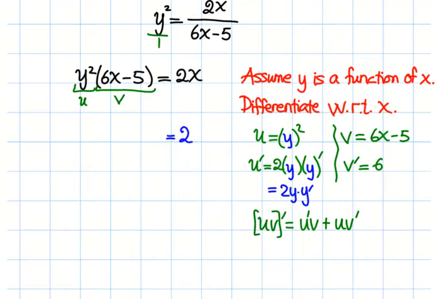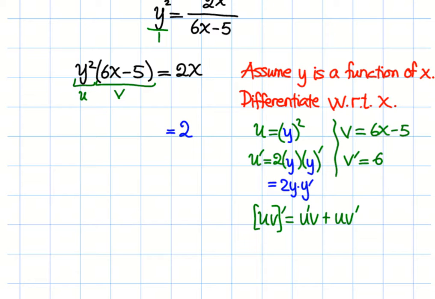And then substitute what we have. u prime is 2y, y prime, times v, 6x minus 5, and then plus u, y squared, times v prime, 6.